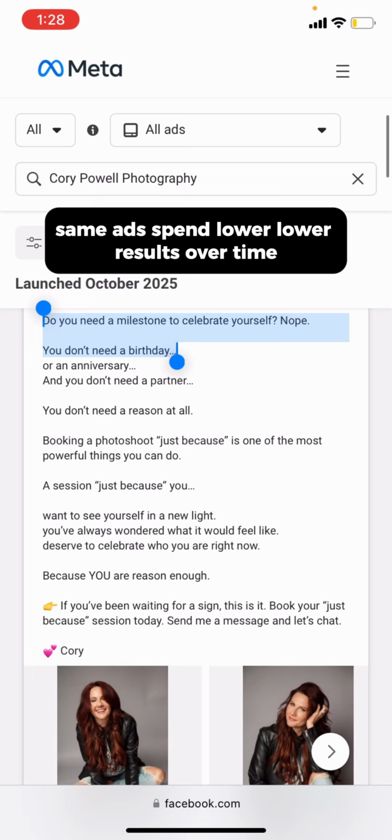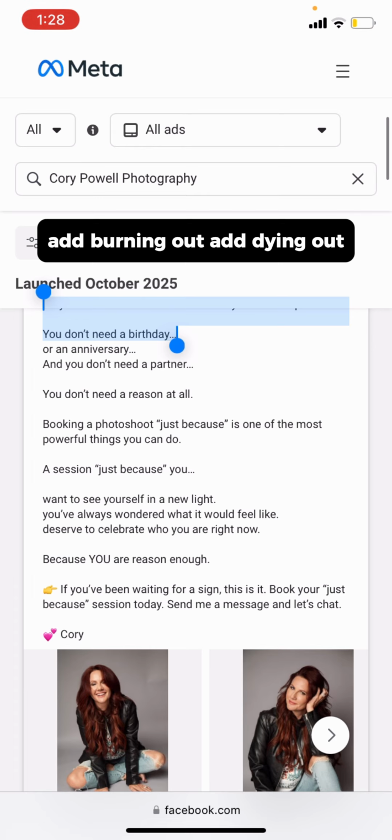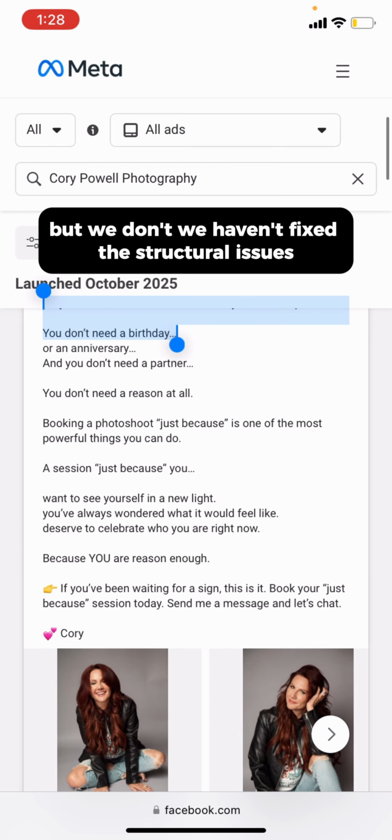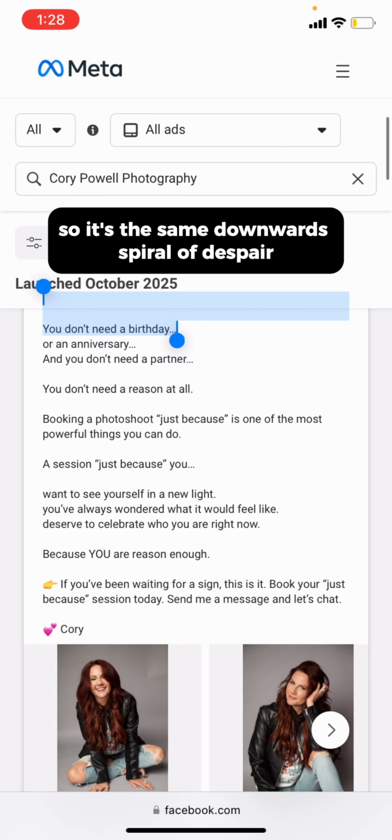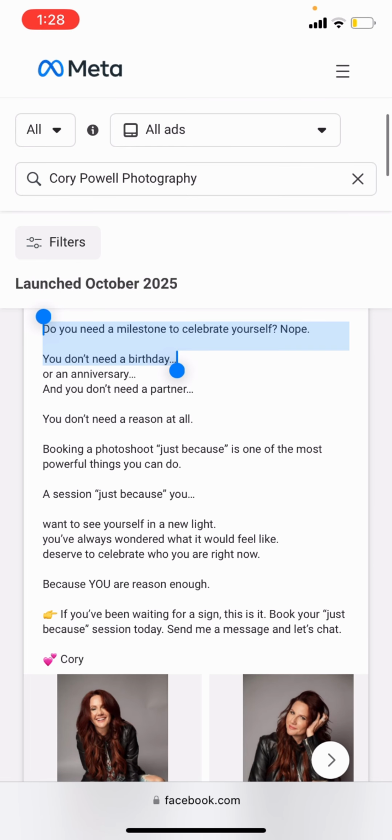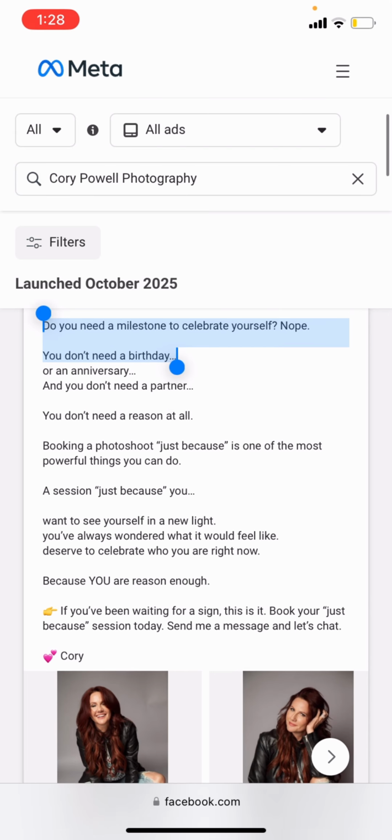Same ad spend, lower results over time. Ad burning out, ad dying out. We got to refresh our creative. But we haven't fixed the structural issues when we refresh the creative, so it's the same downward spiral of despair after. Next.